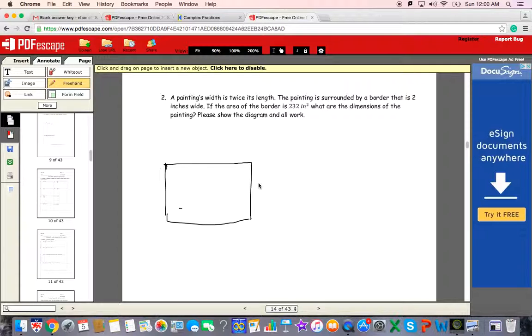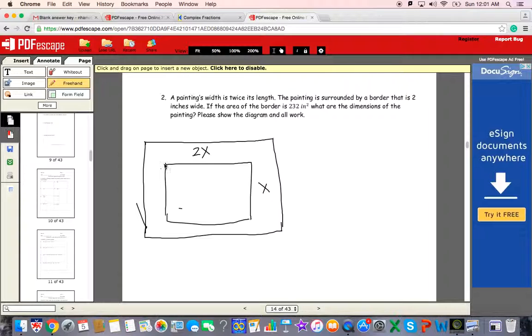If that is x, then that would be twice x, which is written as 2x. Now, it says that the painting is surrounded by a border that is 2 inches wide. So let's get a border on here, and I'm going to make it big so it's clear. That's not a great drawing, but you know what's supposed to happen here.